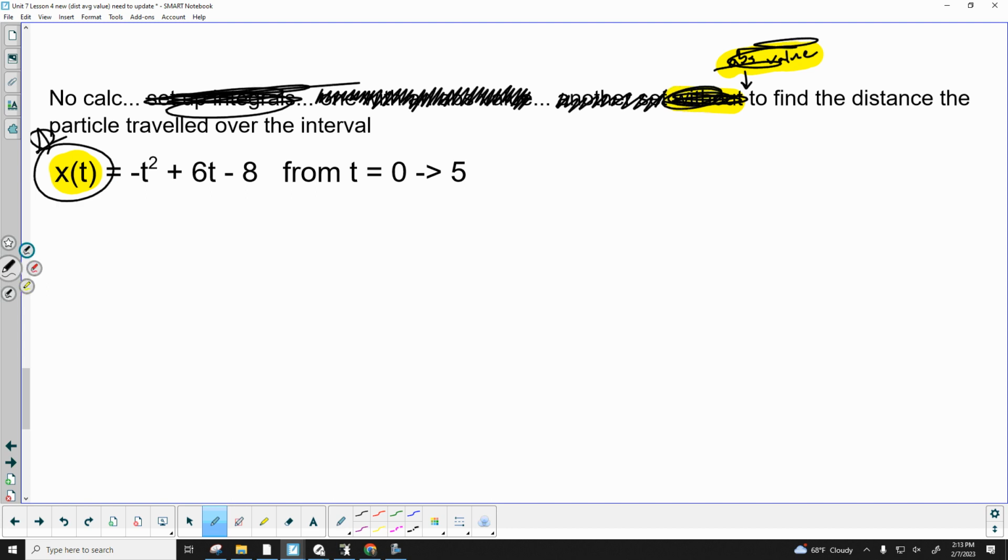And this is a position function. Again, I'm changing it so it's easier to do. Change it to x, erase everything, and just say no calculator, find the distance.